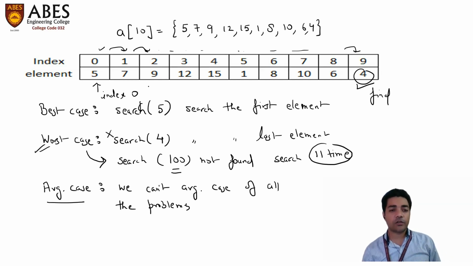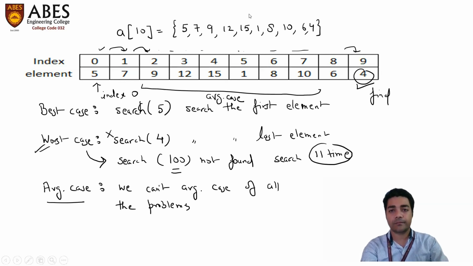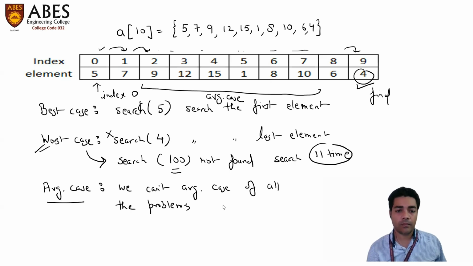So in this situation, any element between the first index and the last index that we are finding amounts to be the average case.